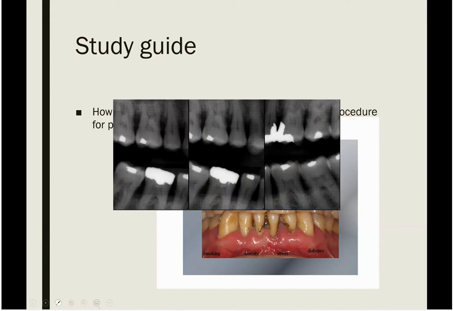When you look at it, you can see the advanced bone loss. I'm outlining with the laser pointer. Little chunks of calculus all along the way, lots of etiology, but what do you notice? Overall, there's a flat topography to the crest of bone.